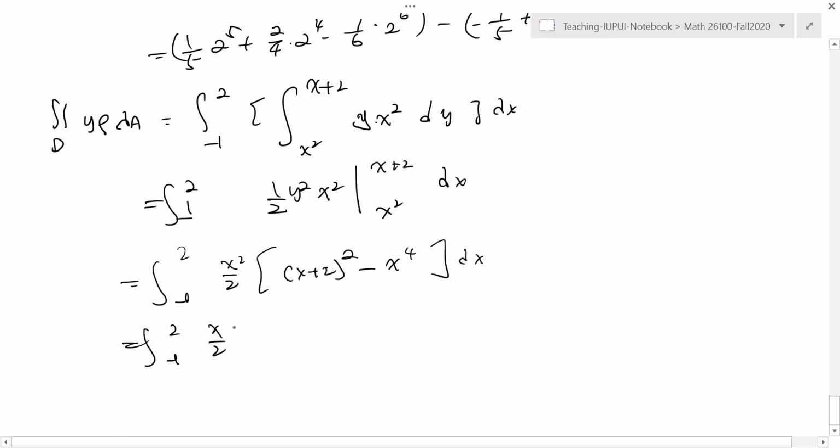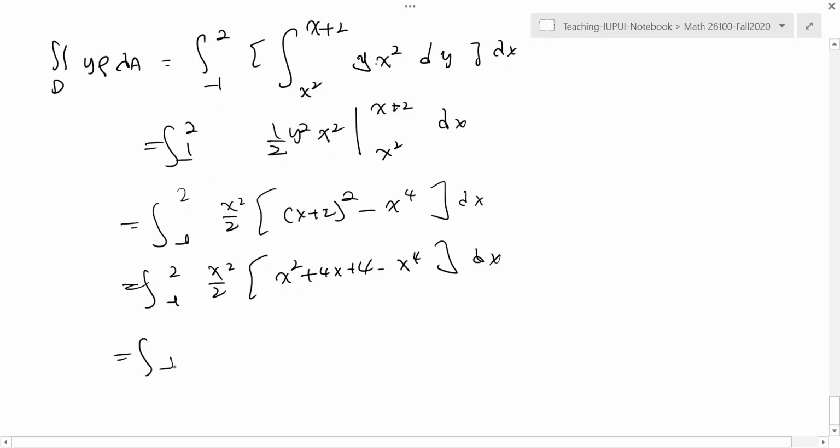If you expand it, you get x squared plus 4x plus 4 minus x to the 4th power. Then you get a polynomial. If you get a polynomial, that's going to be 1/2 x to the 4th power, 4x cubed, 4x, and then you find the antiderivative.